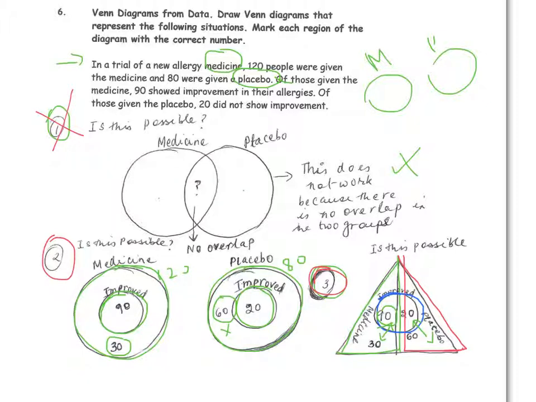So this seems like a really nice representation of the information that has been given in that particular problem. This seems good. This is okay. The second representation is okay. The first one is not correct. So I would say number 3 is the best possible representation of the information that has been given to us.